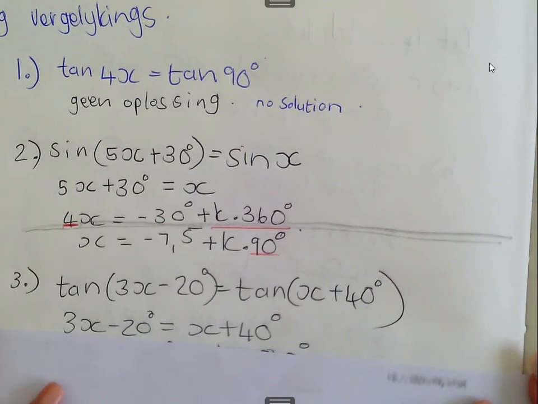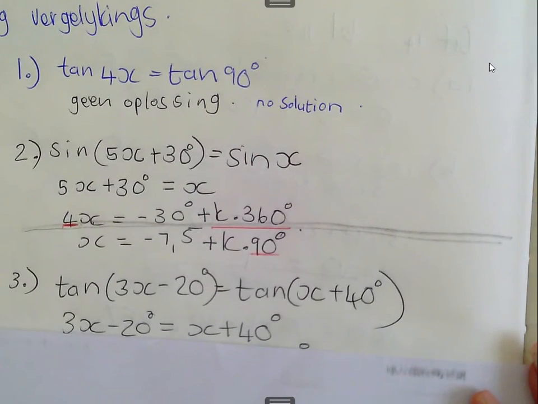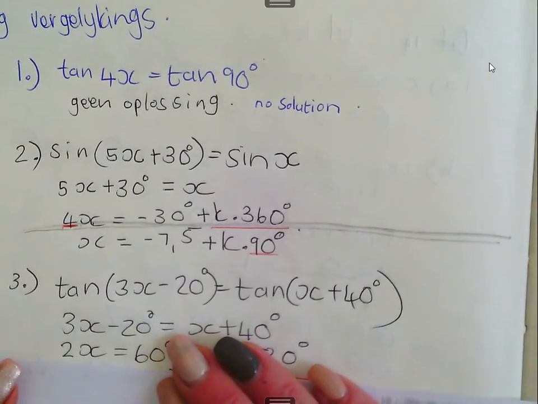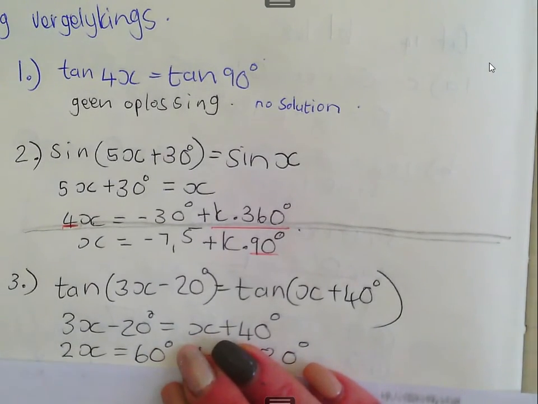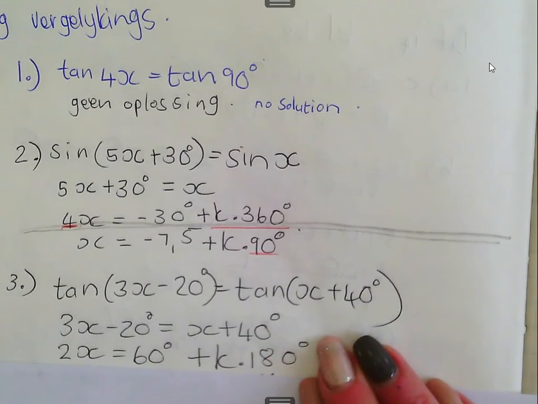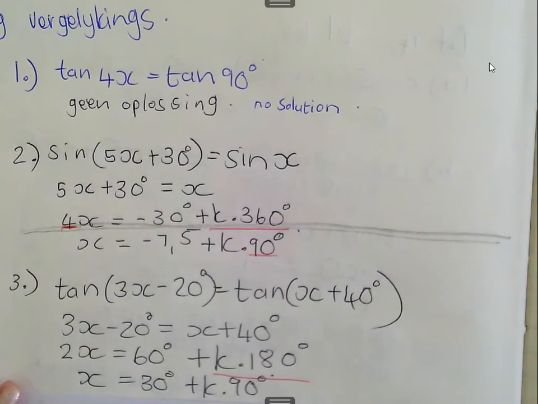Okay, threw away the tans. Simplify it to 2x equal to 60. Then you write plus k times 180. Then you divide with 2 to get the final answer.